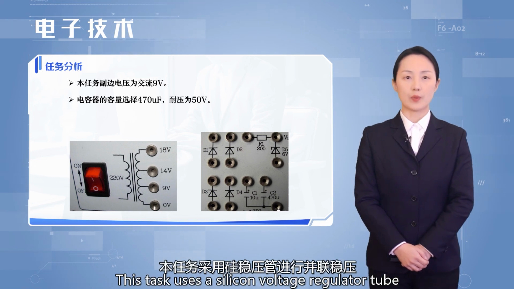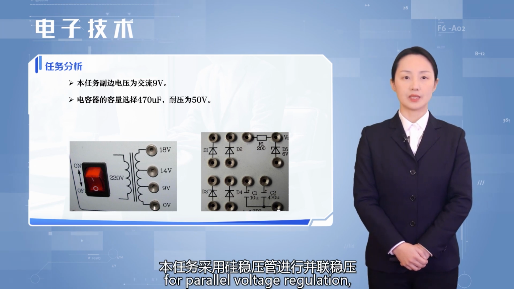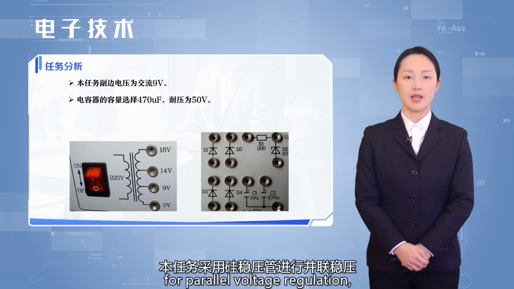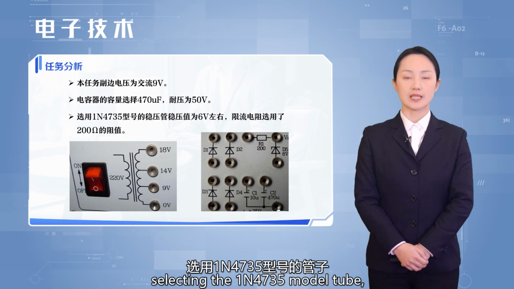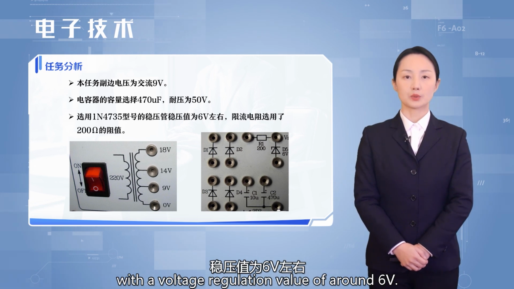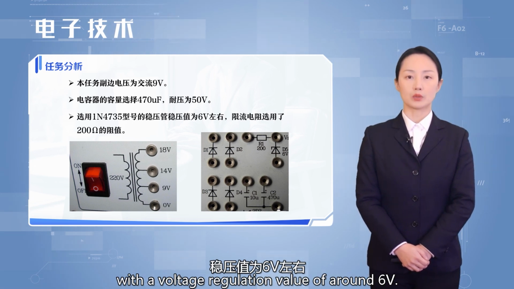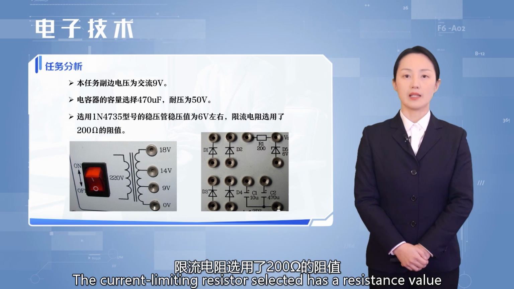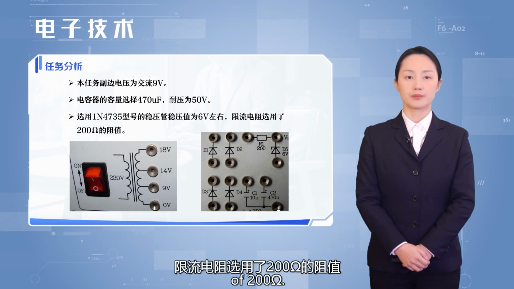This task uses a silicon voltage regulator tube for parallel voltage regulation, selecting the 1N4735 model tube with a voltage regulation value of around 9 volts. The current limiting resistor selected has a resistance value of 200 ohms.